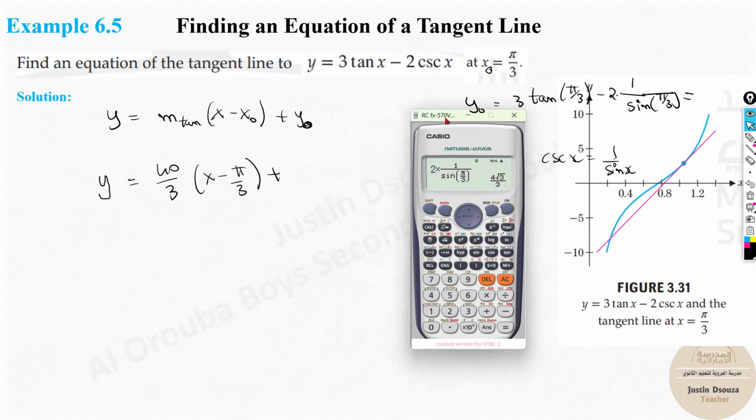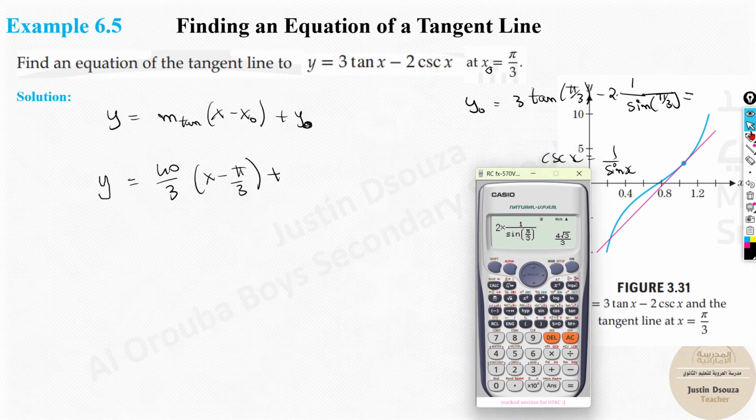So all we need to do is write it out over here. Here it is. We got 3 root 3 for the 3 tan pi by 3. Now here it's minus 2, sorry, minus 4 root 3 by 3.